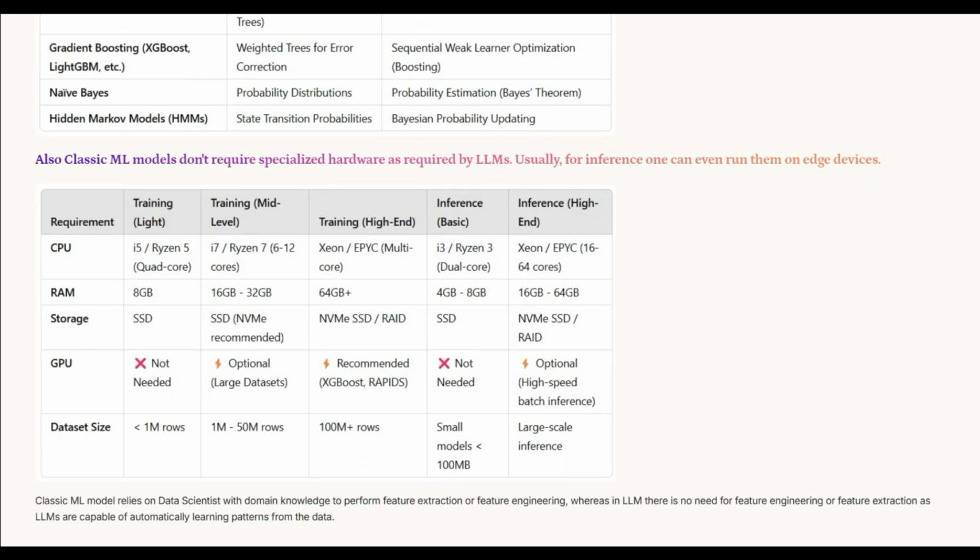Here is the table showing what kind of hardware they require for training and inference. Classic ML models rely on data scientists with domain knowledge to perform feature extraction or engineering, whereas in LLMs, there is no need for feature engineering or feature extraction, as LLMs are capable of automatically learning patterns from the data.